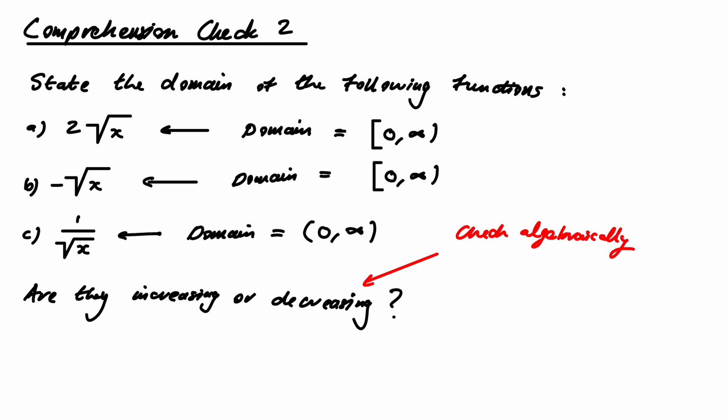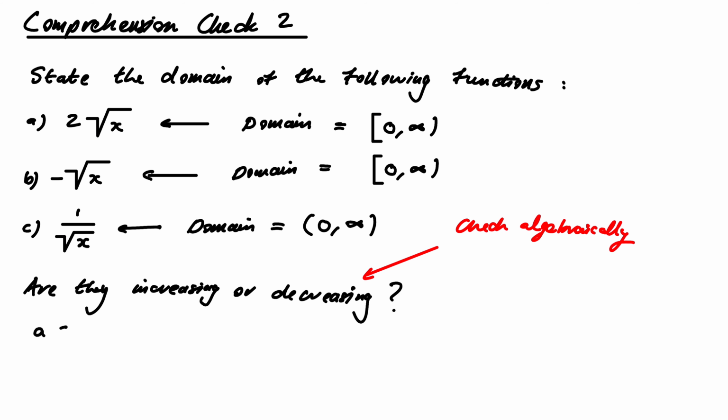So the definition basically says the function preserves inequalities, at least if it's increasing, and if it's decreasing, it reverses them. So let's just see what happens. So first of all, let's have a less than b, and let's say a greater than or equal to 0. So this is me dealing with the first and second case, I think.